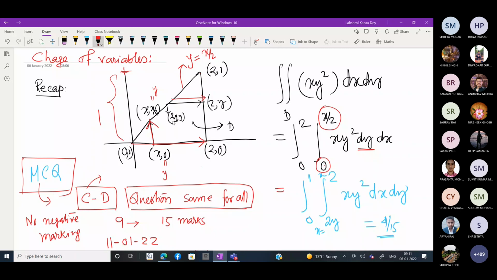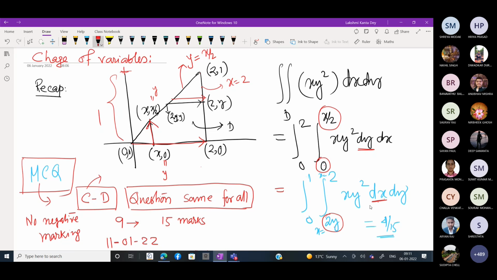That is twice Y. And what is X here? It is 2, because this line is X equal to 2. So the upper limit is X equal to 2 and the lower limit is twice Y. So twice Y to 2. And it will be dx because we have to integrate with respect to X first and then Y.